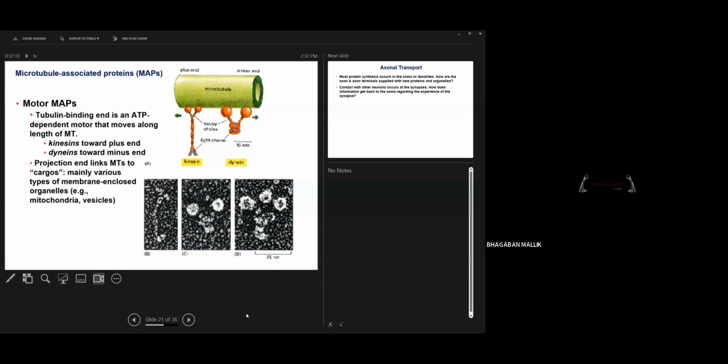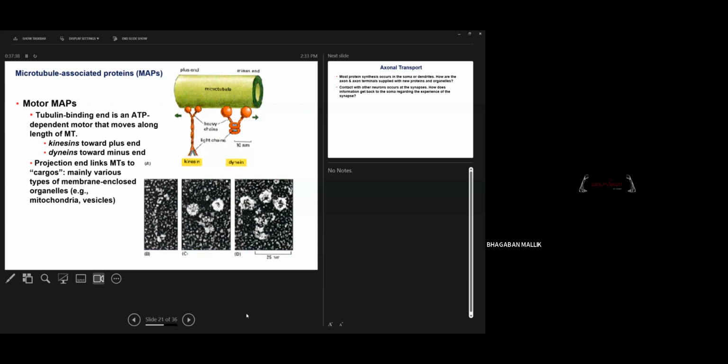They help in the transport of different organelles, different proteins, different signaling molecules. So the microtubule gives support to the neuron, and microtubule associated protein also gives support to the neuron. Along with that, they help in transport of certain cargos, like kinesin helps in transport of cargo from the cell body to the axon terminal.